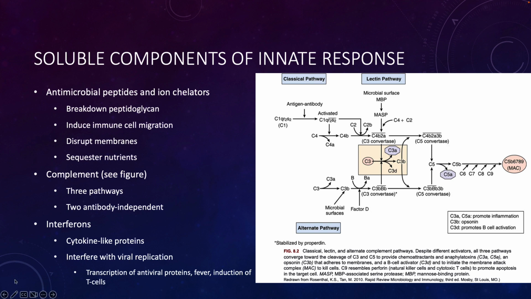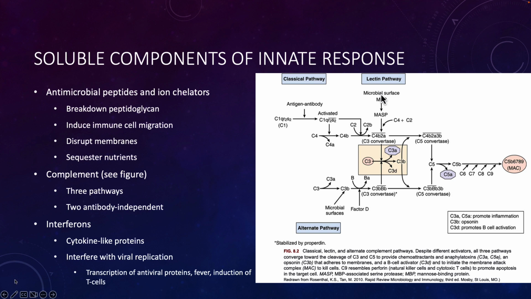So there are 2 pathways that are antibody independent. There's the alternative pathway, which is kind of just randomly on, but then when they encounter microbial surfaces, you get the eventual cascade that leads to the membrane attack complex.